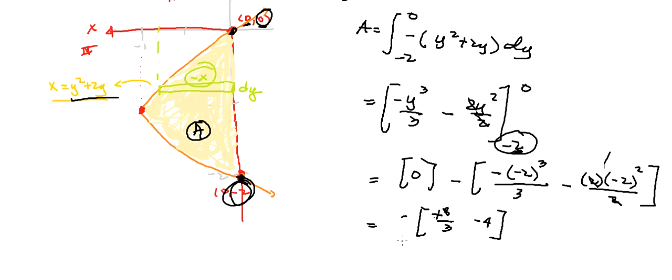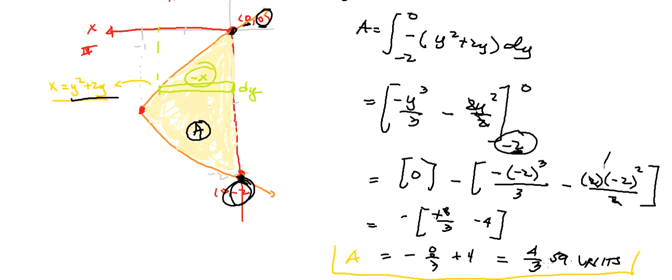So we have negative 8 over 3 plus 4, which is equal to positive 4 all over 3 square units. This is now the value of our area.